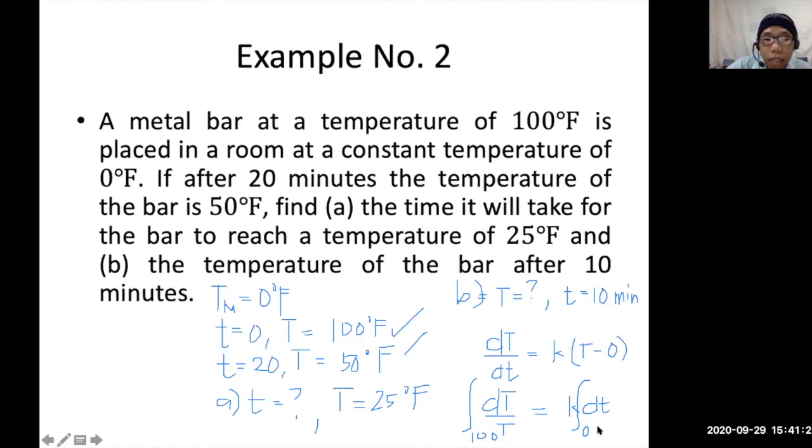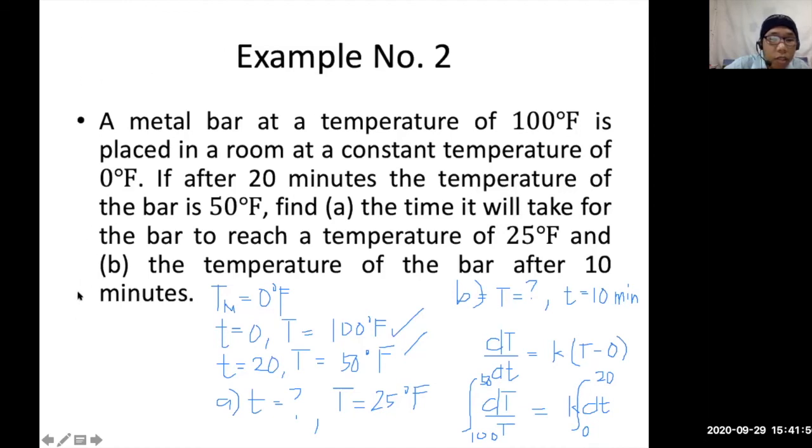On the right-hand side, what is the upper limit? 20 minutes, right? Because we're talking about time. And on the other side, since it's temperature, what is the temperature corresponding to this time? That's 50 degrees Fahrenheit. So now you can solve the value of k.